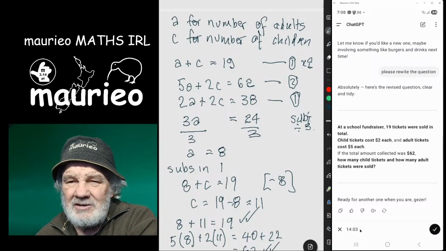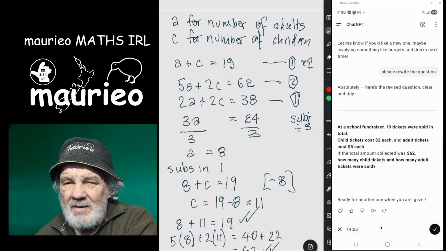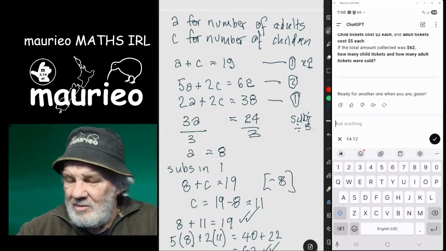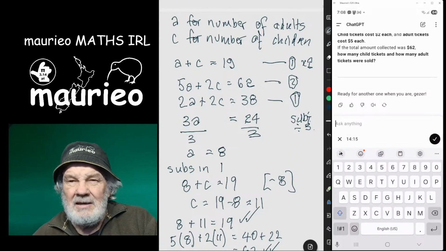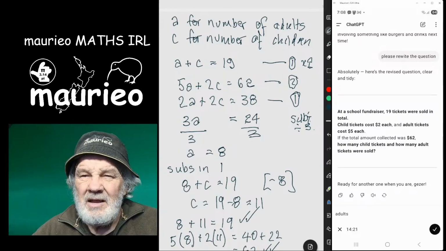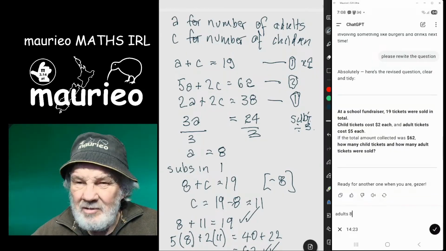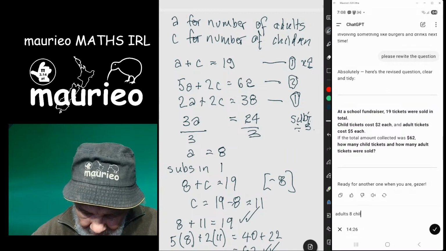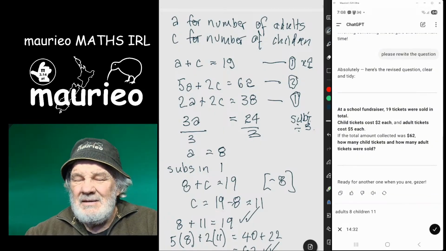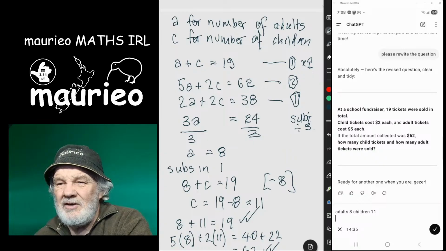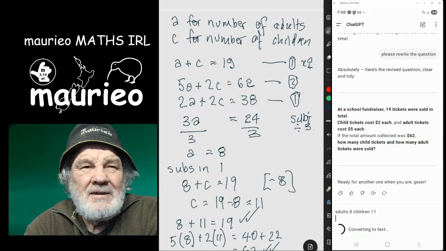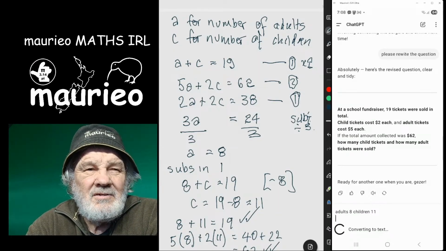All right, so let's go here. Adults 8, children 11. Okay, I've got to click this button here. See how that goes. Oh, what's it doing?